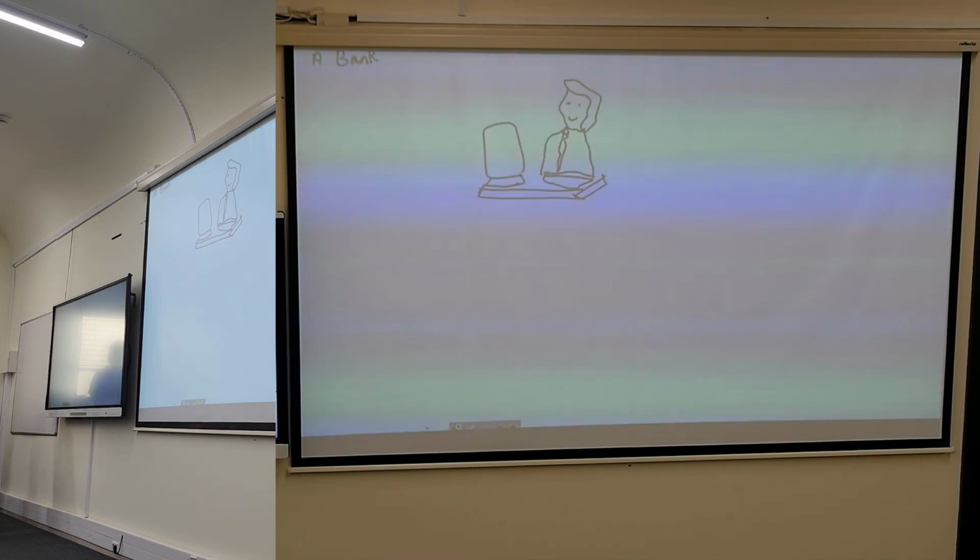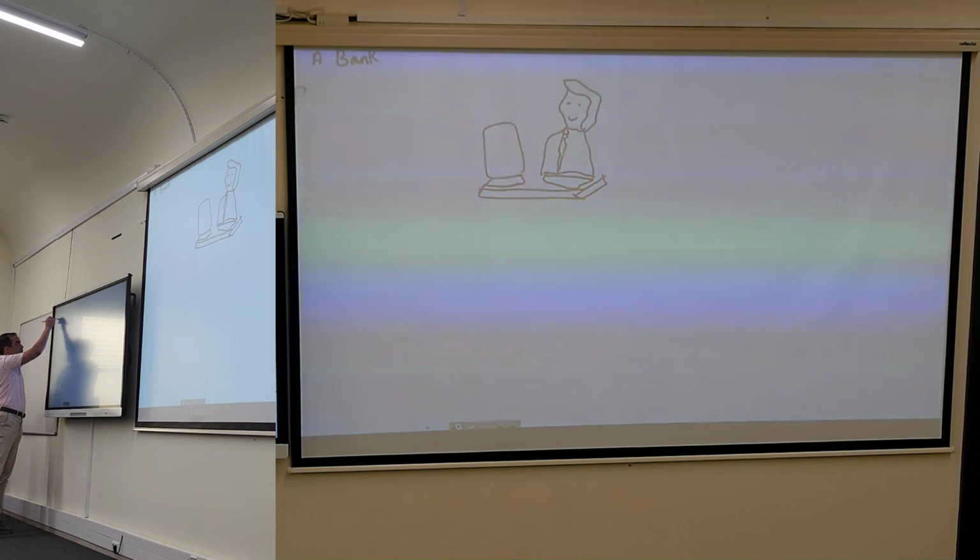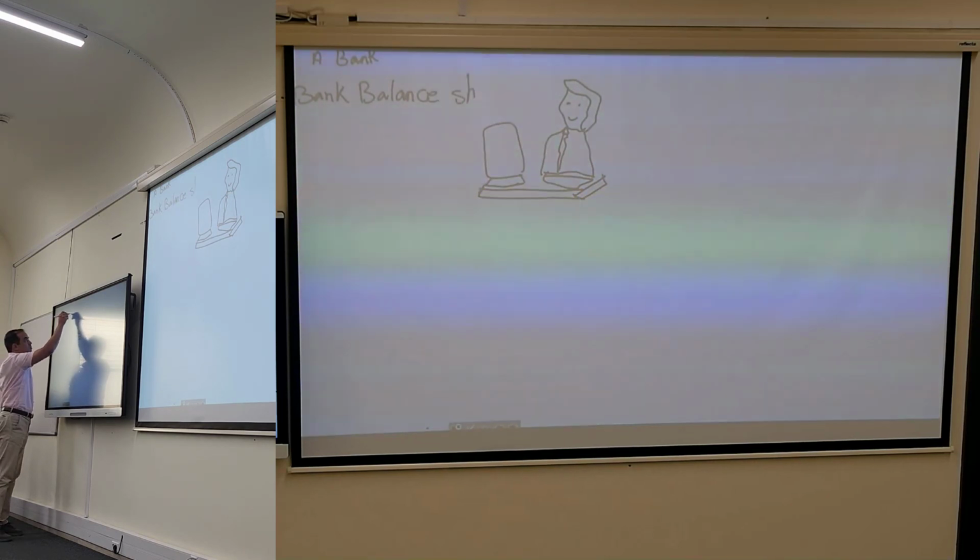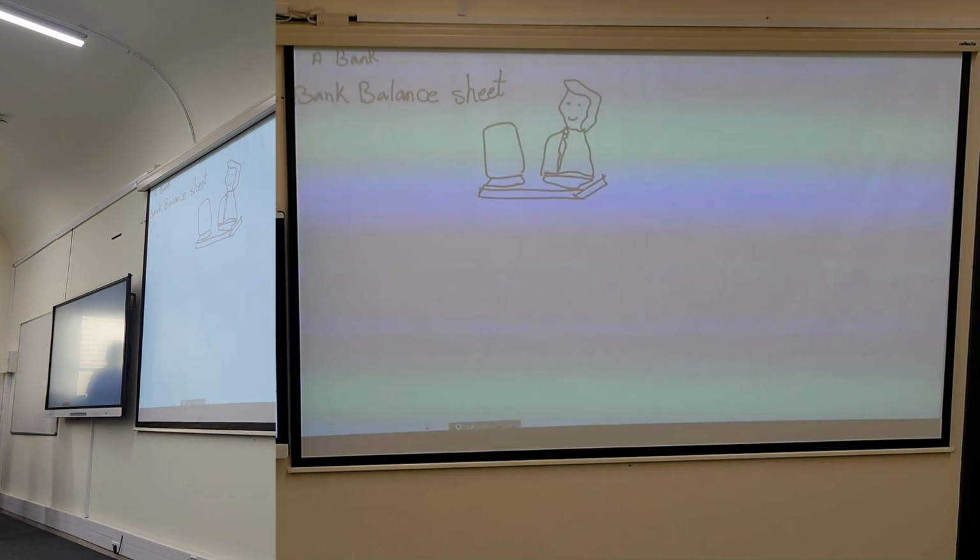And to do that, you need to understand how banking works and its core, and that's where the bank balance sheet comes into play. So we have the bank balance sheet. And what is a bank balance sheet?